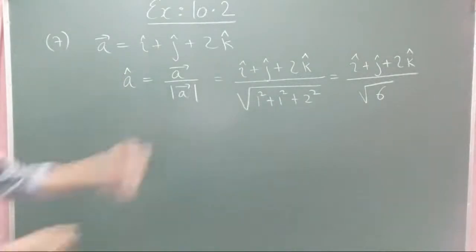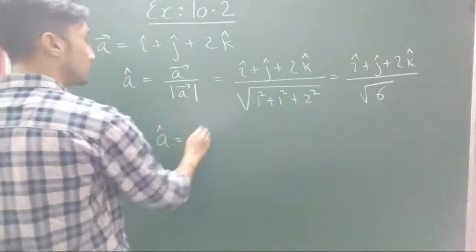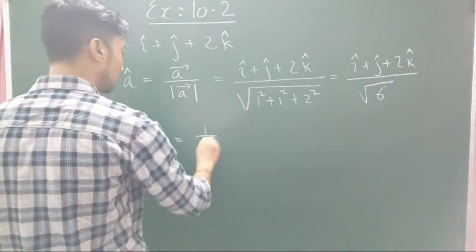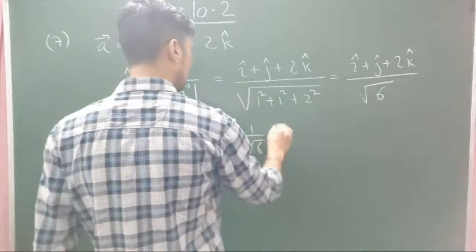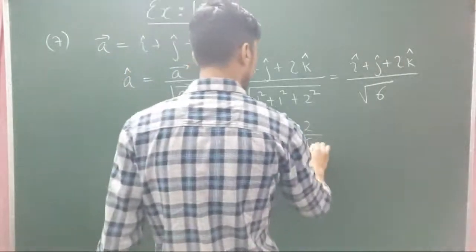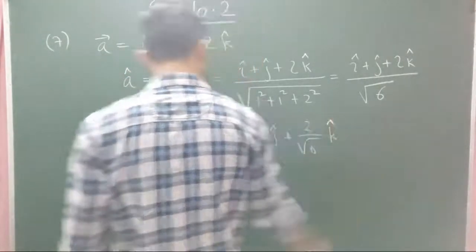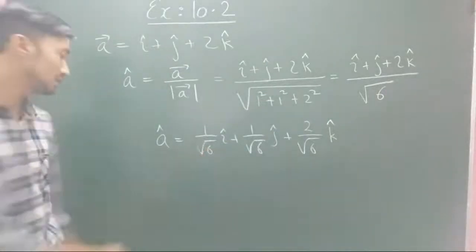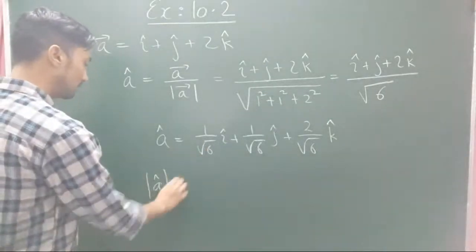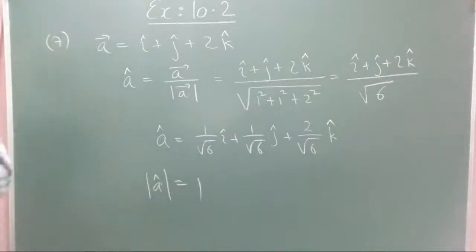Of course you can write it in an arranged manner, that is 1 by root 6 i plus 1 by root 6 j plus 2 by root 6 k. So this is the unit vector. If you try to calculate its magnitude, as we all know, the magnitude of a unit vector would be 1. Got it?